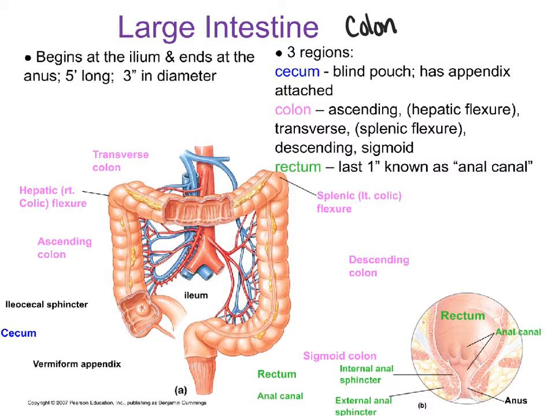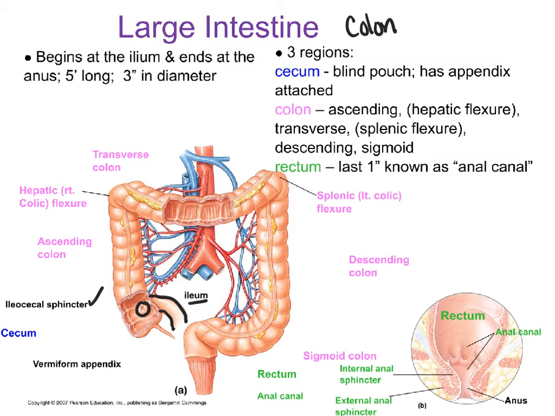The colon begins where the ileum ends. So here's the last section of the small intestines, the ileum. And you see where that ileum connects directly to the colon. The ileum is going to release its contents into the colon via this little structure right there. It's actually a sphincter.